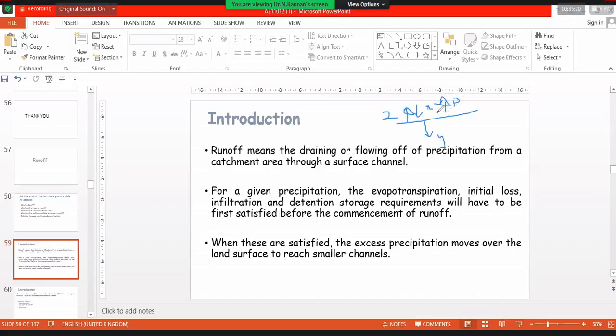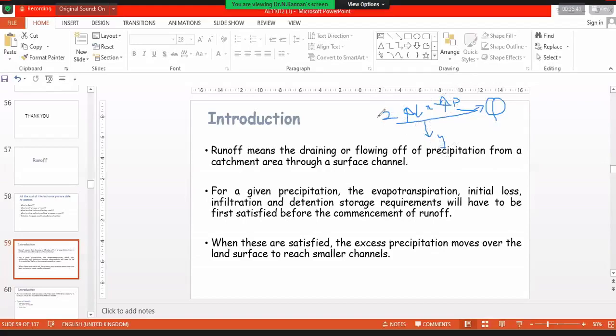When you are planning to have this runoff amount, we can say Q, right? When you have this amount X, this X should be greater than this one and this one. You got the point?